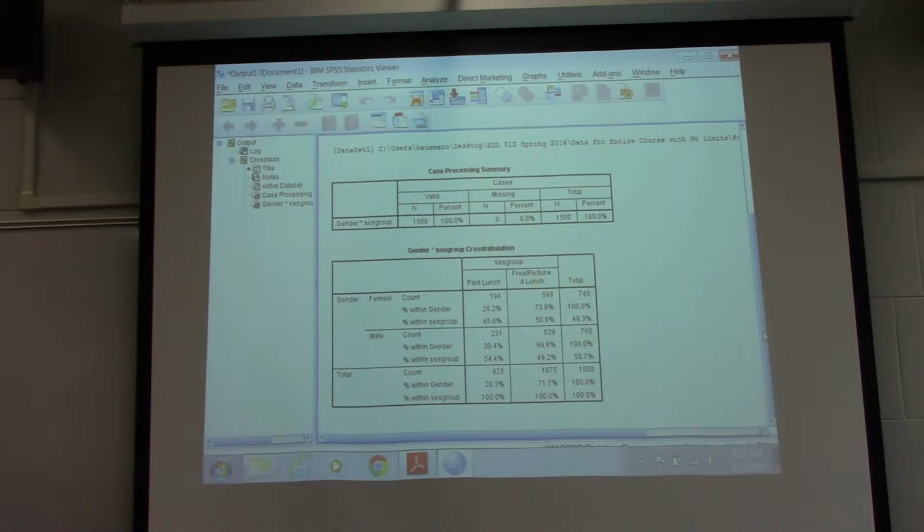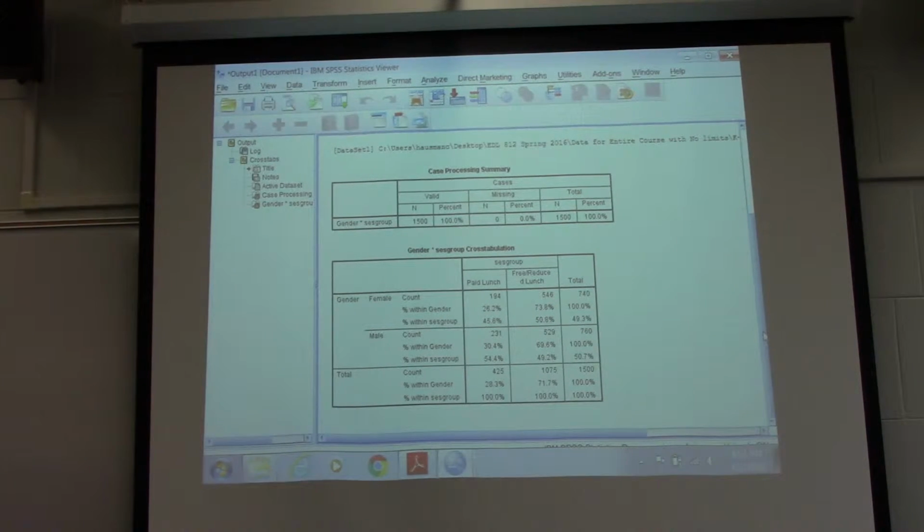If, on the other hand, I said, of all students in the sample who qualify for free reduced lunch, what percentage are female? Then I start here, I go down to the column total, and I look across for females, and it's 50.8%.